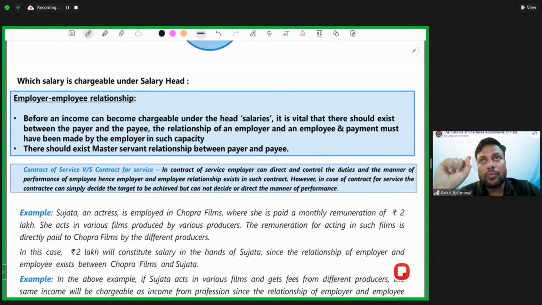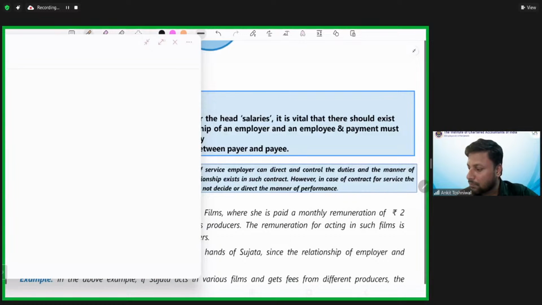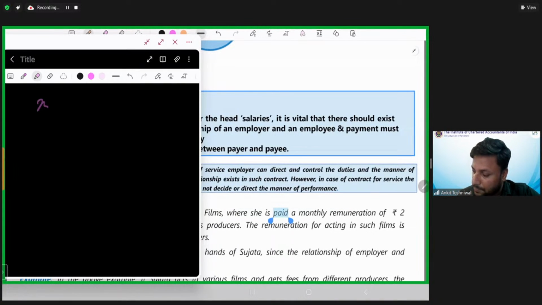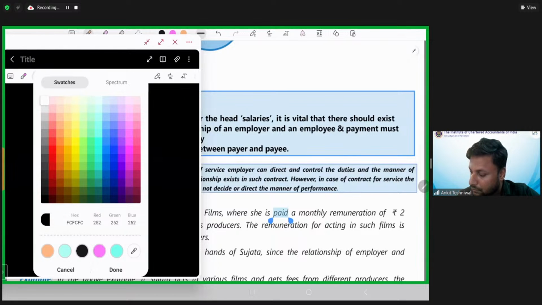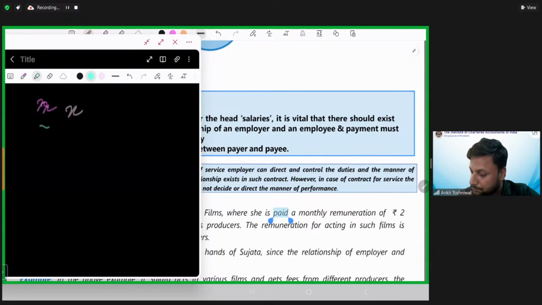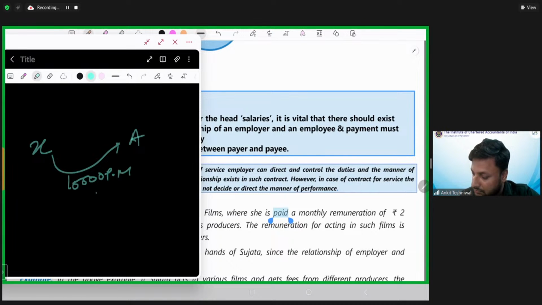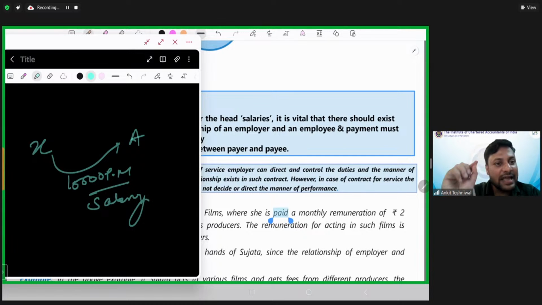Now, answer me one question. There is an employer, Mr. X, and an employee, Mr. A. The employer paid a salary of 10,000 per month to Mr. A, and there is an employer-employee relationship.